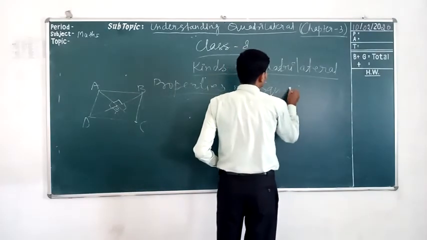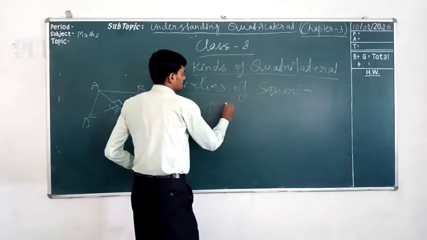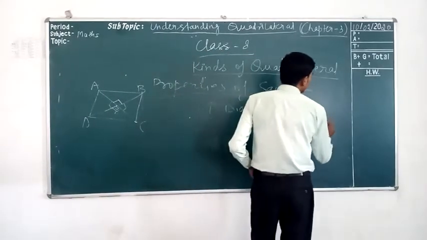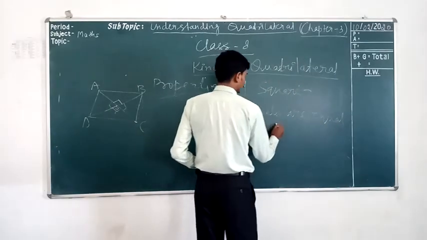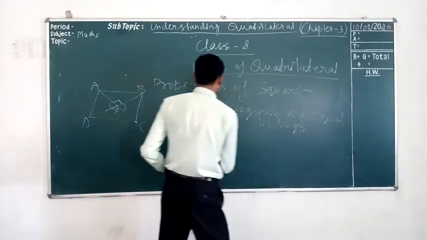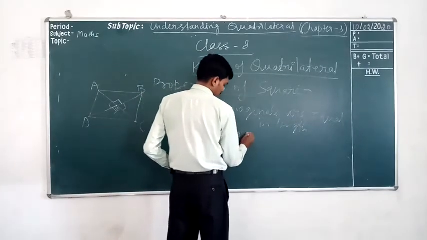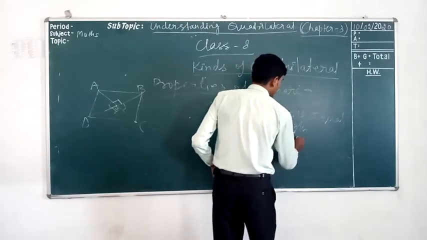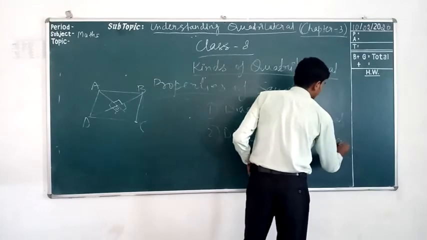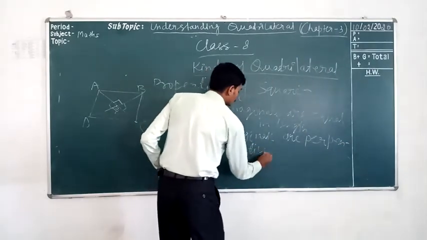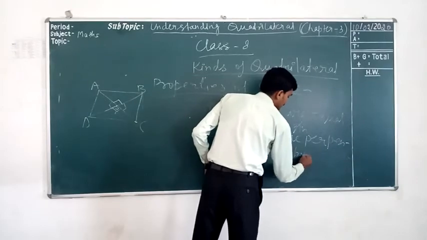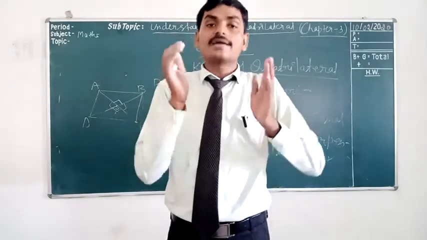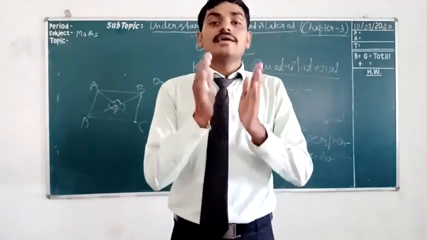Now come to the property of square. Diagonals are equal in length, and second, diagonals are perpendicular bisectors.